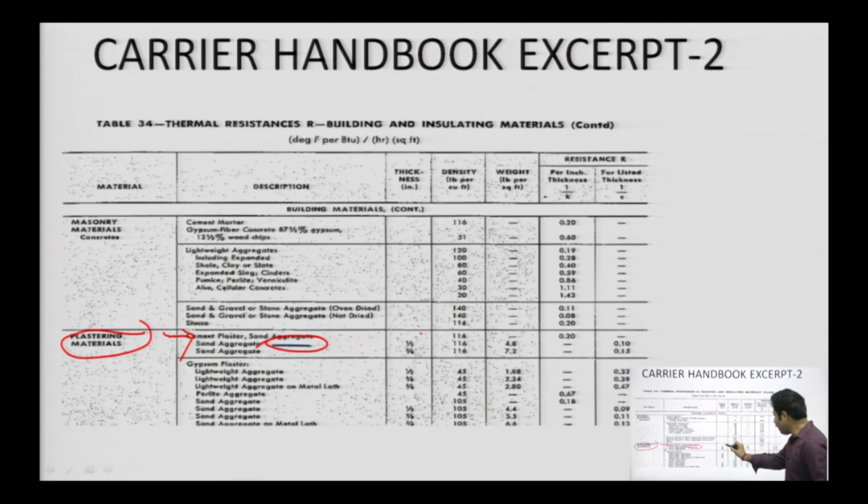For half an inch of thickness, you get a resistance of 0.1. If it is 1 inch, you have to multiply it by 2, and so on. The multiplier has to be applied to get the resistance for the particular thickness on your wall.